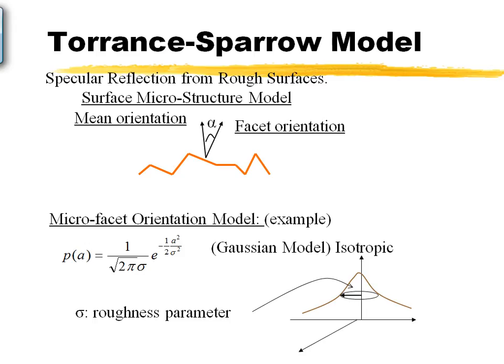How do I describe it? The Torrance-Sparrow model said, let's just capture everything in terms of some isotropic Gaussian model, but I'll do that on a point-wise basis. So we can represent that in terms of a Gaussian model where sigma defines what we call the roughness parameter of my surface.